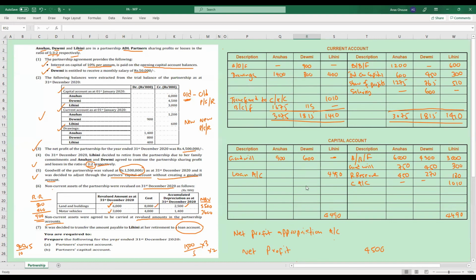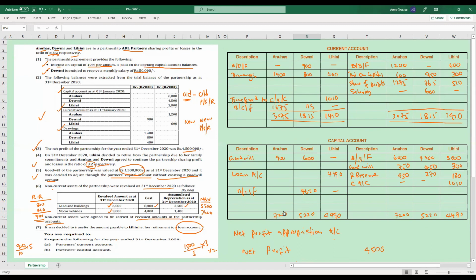Then the total capital account remaining balance for Devmi will be 5,220,000 total, and the balance carried forward will be 4,620. Then here the total will be 7,200,000.